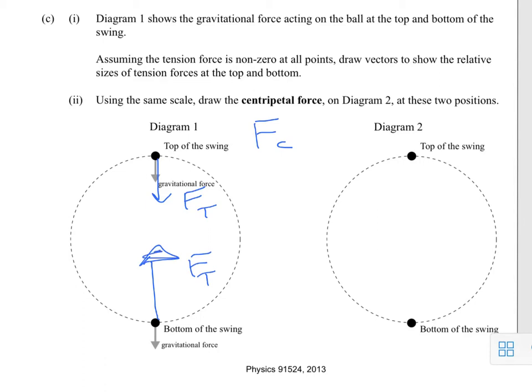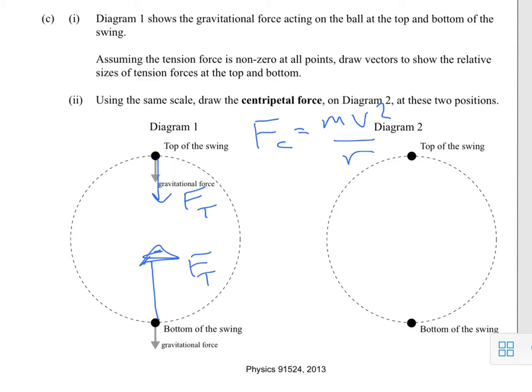Otherwise you're not providing enough centripetal force to maintain that motion at that velocity. I'm not certain that the velocity is constant. It shouldn't be in this case anyway, because the earlier example was talking about how the kinetic energy is maximum at the bottom, so the velocity must be greater. You could also go back to your formula, mv squared over r. If you have a greater velocity, then you're going to have a greater centripetal force.